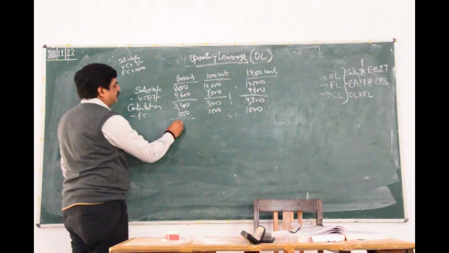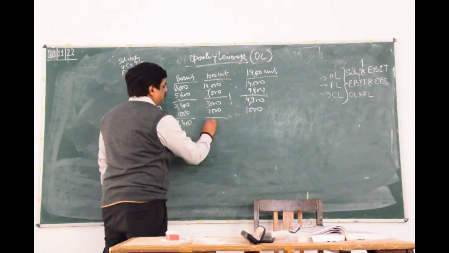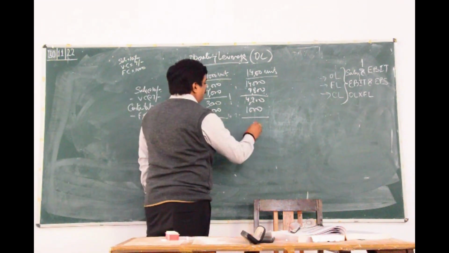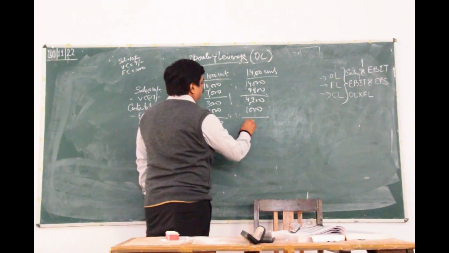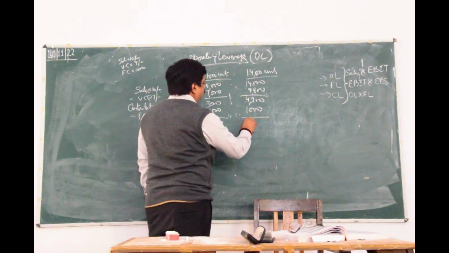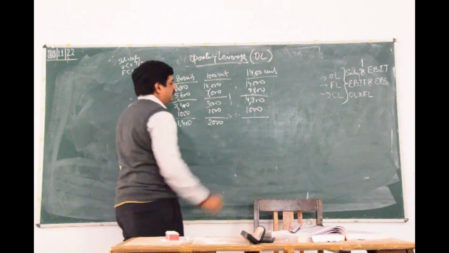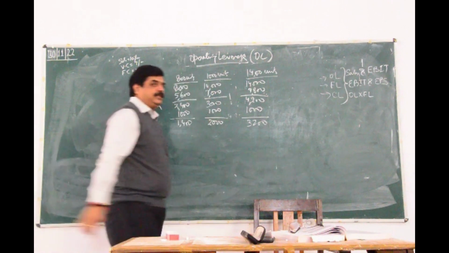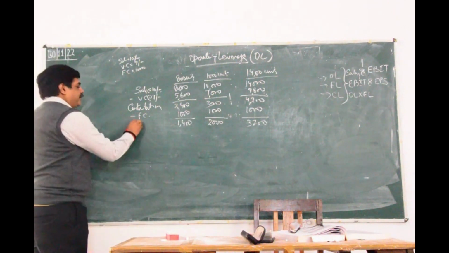It is 1,400, 2,000 and 3,200. And this is your EBIT.